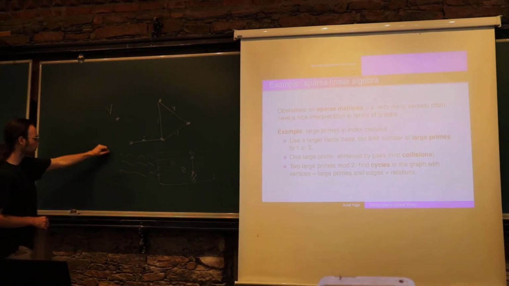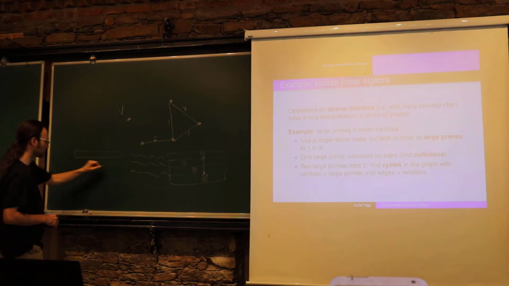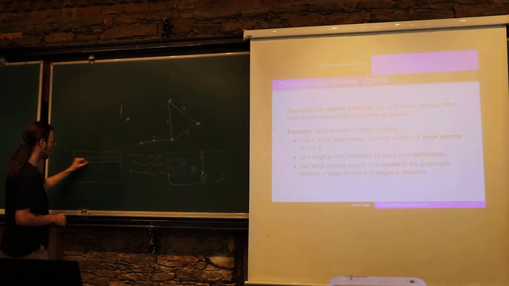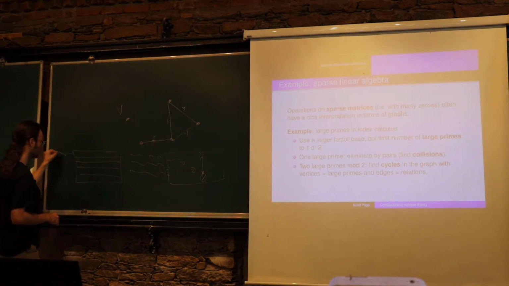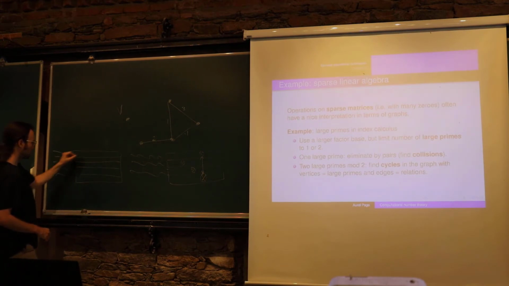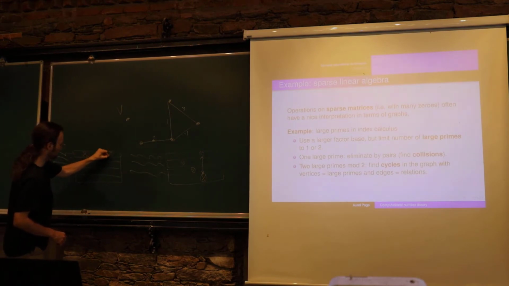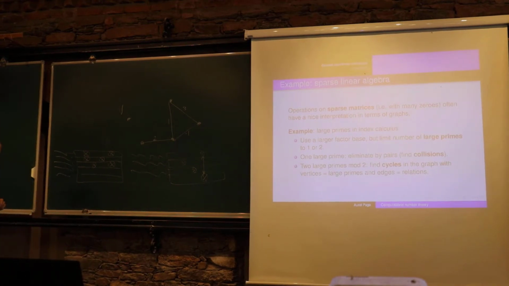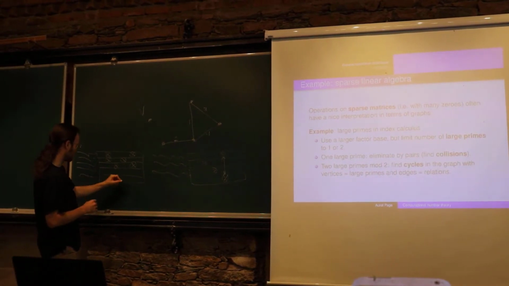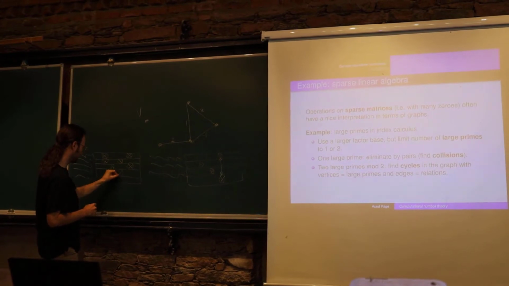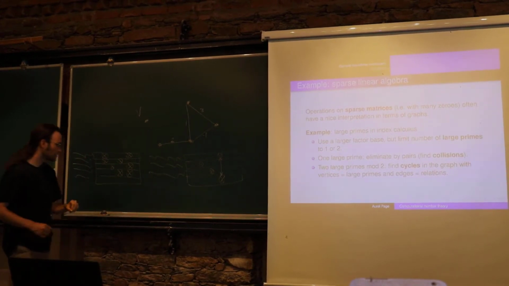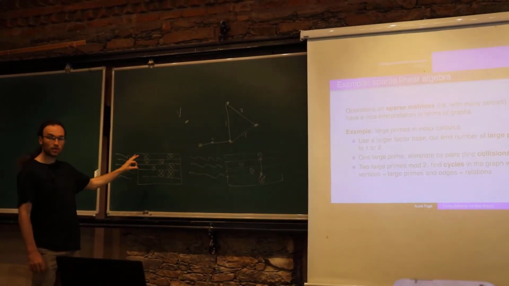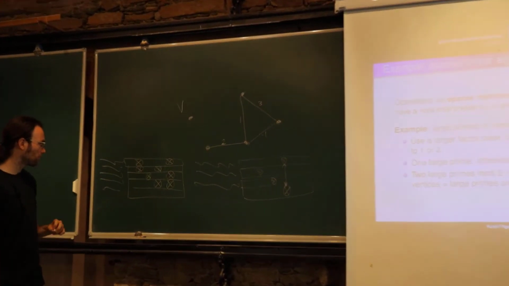You will allow two non-zero coefficients in each row. So a good way of thinking about this is by forming the following graph.